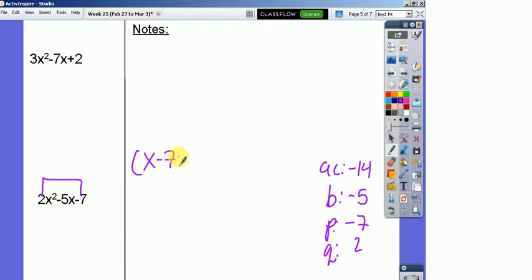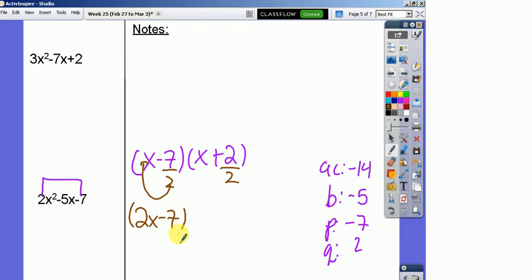X minus 7, x plus 2. Divide by 2. Divide by 2. Reduce if you can. Cannot here, bottoms up. 2x minus 7. I can here, x plus 1.